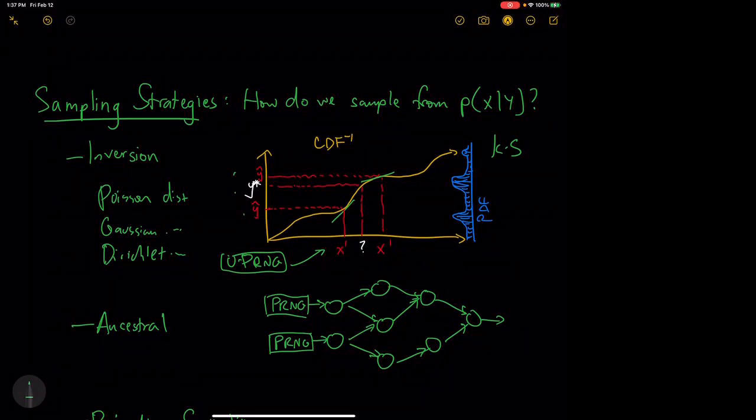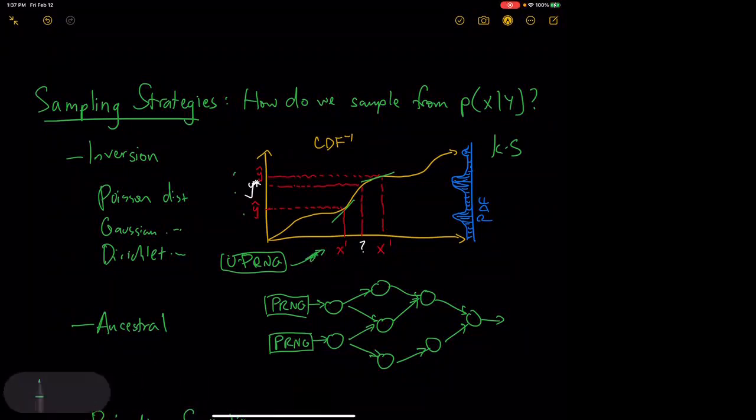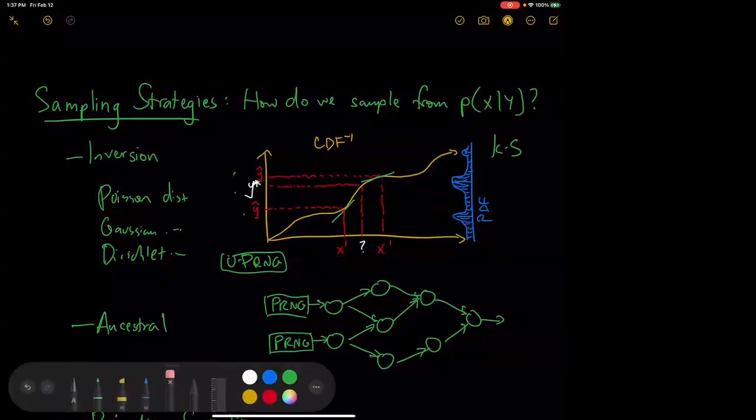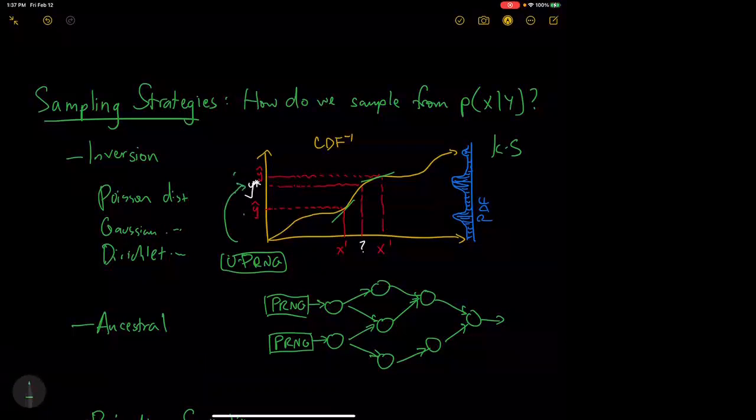So we generate a sample from this, and this is our target that we'd like to match. This is the inverse CDF, so this gives us this target, this Y star. We'd like to approximate what is the value that would be mapped to this Y star.